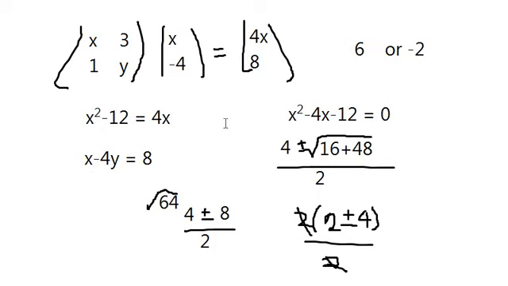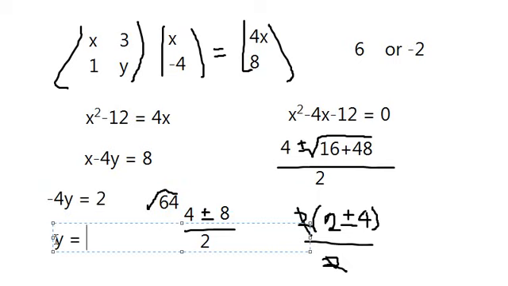So at these 2 points, when x is these 2 values, it agrees with this equation. So now we actually have 2 solutions for each x and y, because when x is 6, we know that minus 4y is equal to 2. So y is actually equal to negative 1/2.